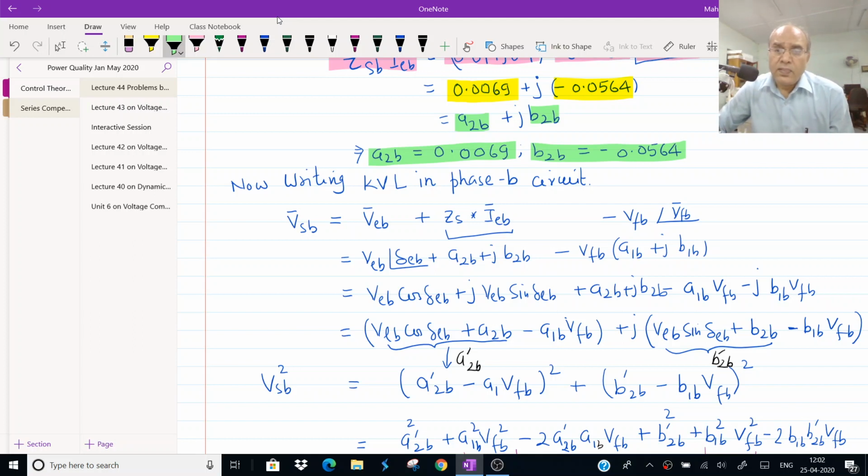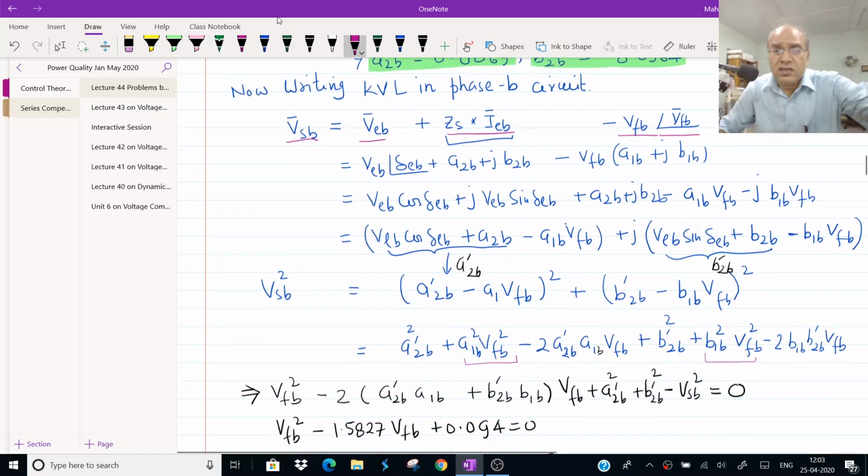Now, once we know this, we can find out VSB and so on. But let us try to write the equation of the voltage in the closed loop path of this DVR circuit, and you can see that VSB is equal to VLB plus the drop ZS into ILB minus the DVR voltage.